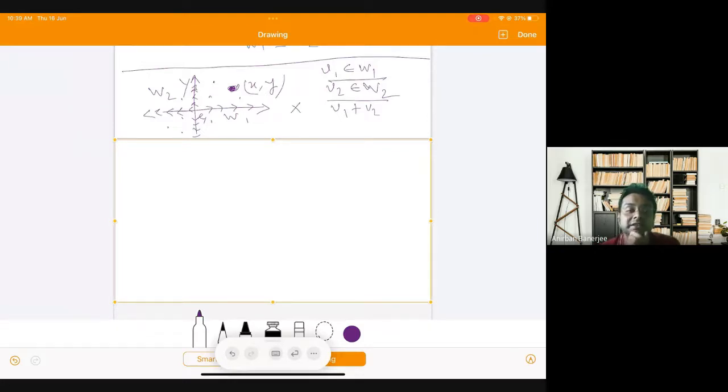That means if we are able to generate a set consisting of the vectors of this form v1 plus v2, where v1 is taken from W1, v2 is taken from W2, and all possible v1 and v2, then that will, of course, generate the R2. So this kind of set or generation of set has a name.